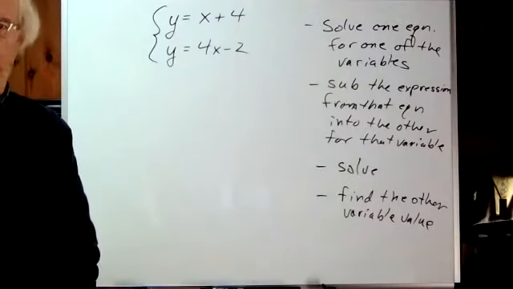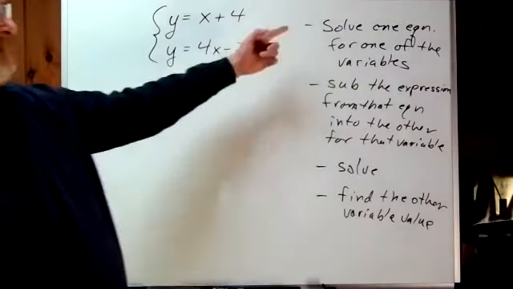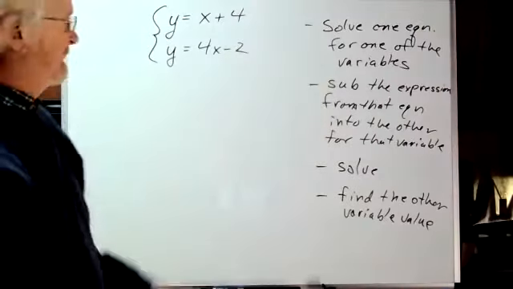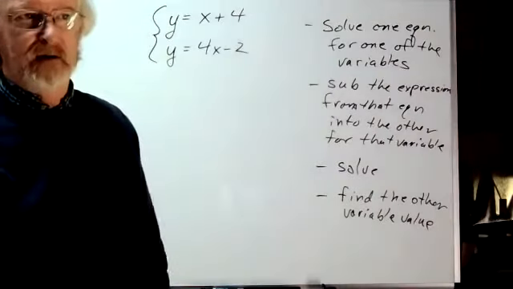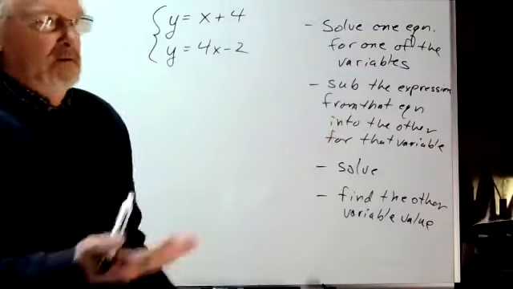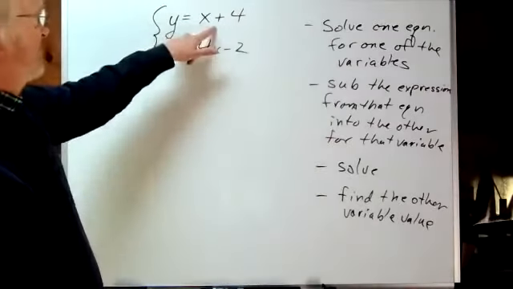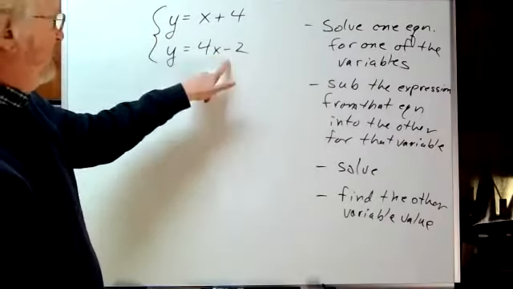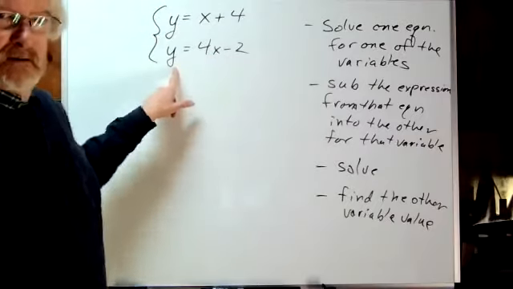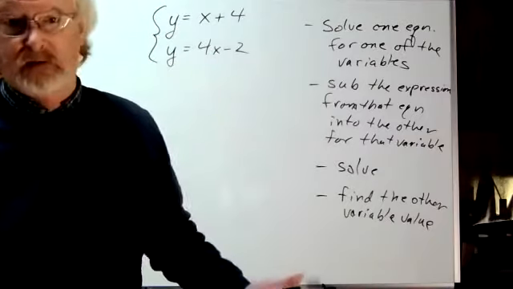Here's one that looks different. 2mx plus b shapes, right? Solve one equation for one of the variables. Well, they're both already solved for y. Oh, well, this is supposed to equal y, and this is supposed to equal y. They should equal each other.